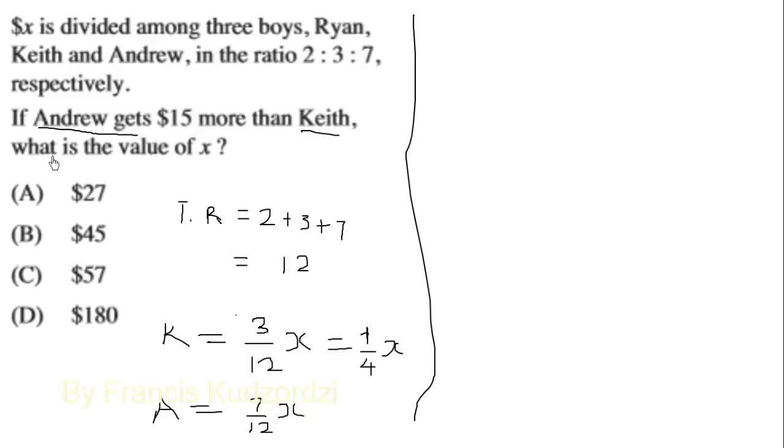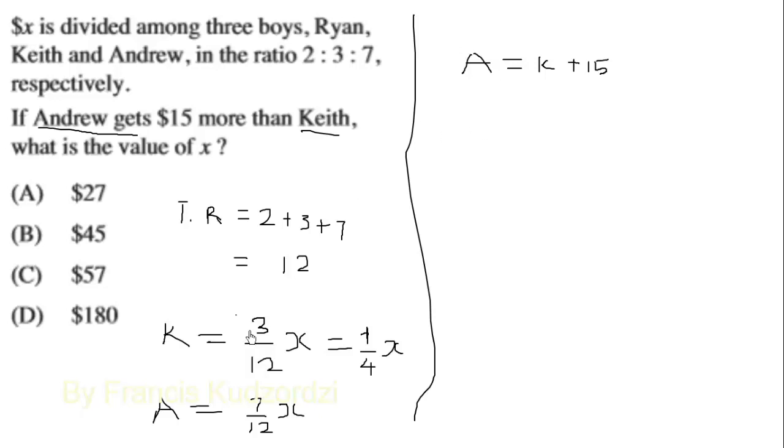And we're told that Andrew gets 15 more than Kate. So Andrew gets 15 more than Kate, meaning that if you add 15 to Kate's share, you get that of Andrew.